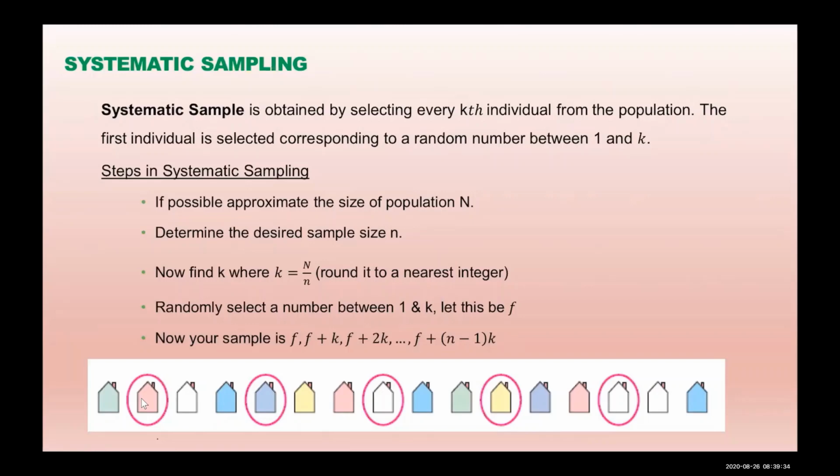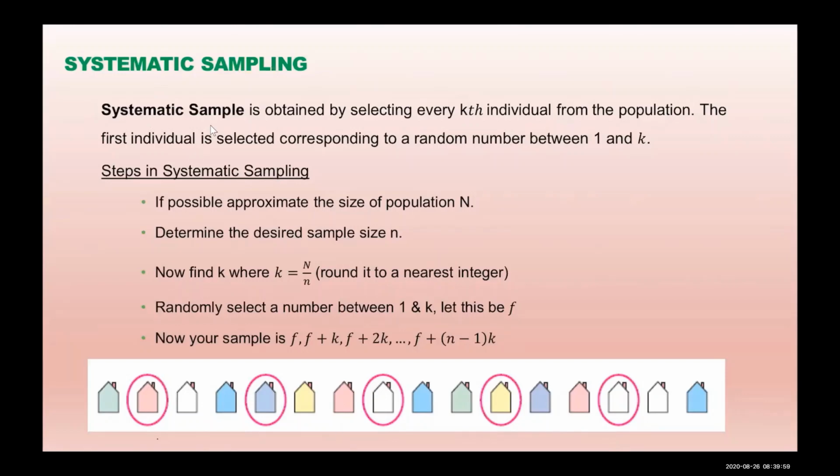For example, the first house selected is this one. If I'm selecting every third house: first, second, third, this is selected. Then every third house: first, second, third, this is selected. Then first, second, third, this is selected. First, second, third, this is selected. First, second, there is no third. So how many am I able to select? You can see 1, 2, 3, 4, 5. So this technique is called systematic sampling.